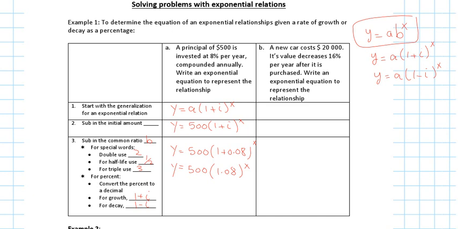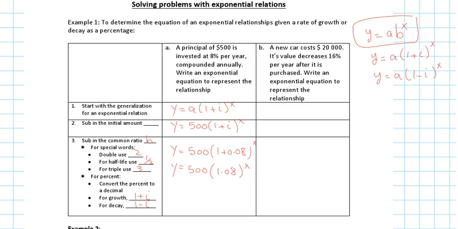How much money would you have in the account after 7 years, right? What do you do if I ask you that? That's right. So you're going to replace x with 7, and then you do 500 times 1.08 to the power of 7, if I ask you that question.